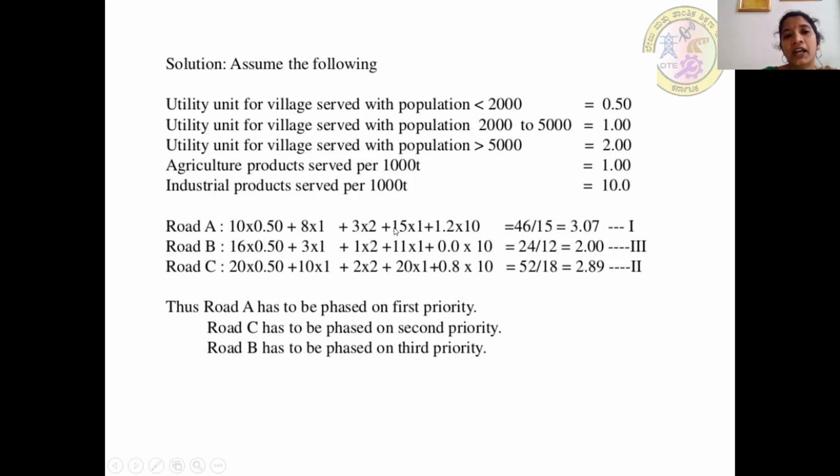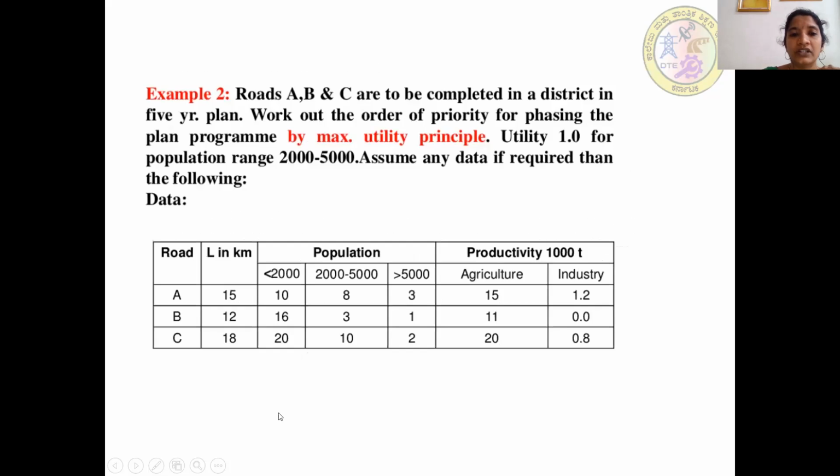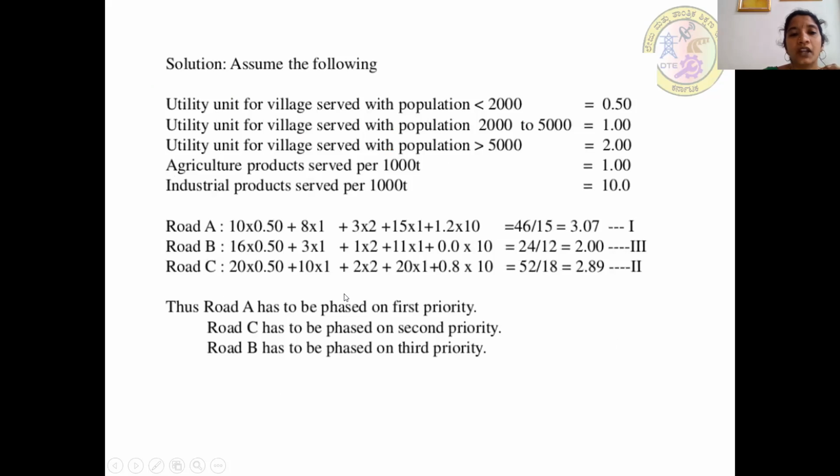Now for a particular road, if you take, you have units here. For all these values, you are multiplying with utility factors. Okay. So for road A, for the population range less than 2000, it is 10 into 0.5 plus 8 into 1 plus 3 into 2.